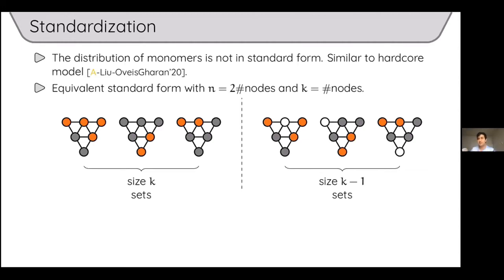There is a natural trick that you can do to make this of the standard form of a distribution over k-uniform hypergraph. So for now, let's say that I'm only looking at the monomers in the monomer-dimer system. That's a distribution on subsets of vertices of the graph, but this subset can be of varying sizes.